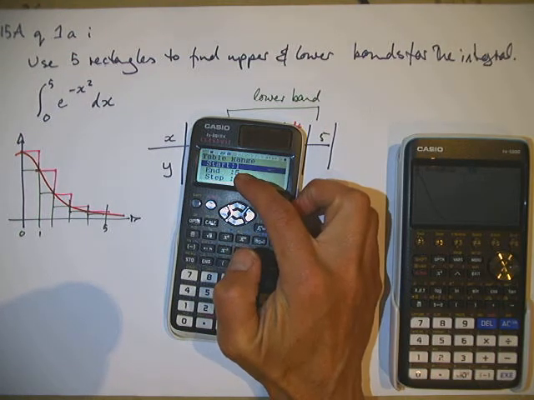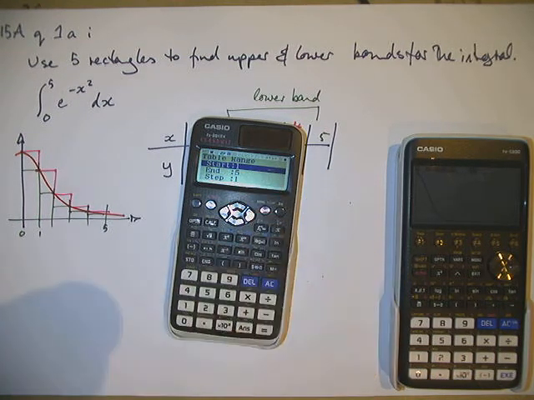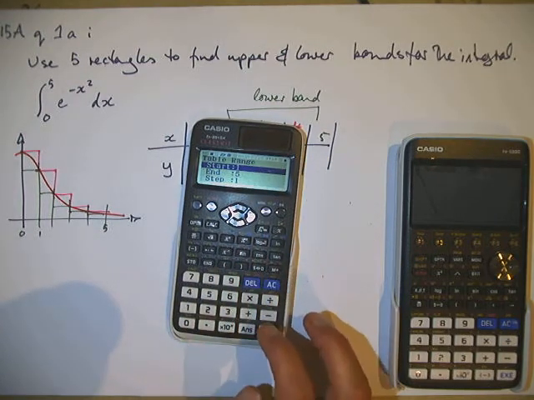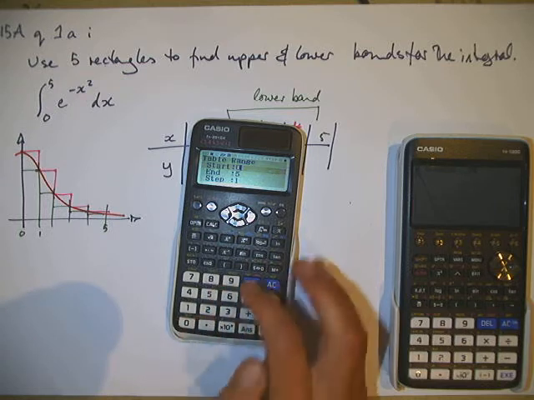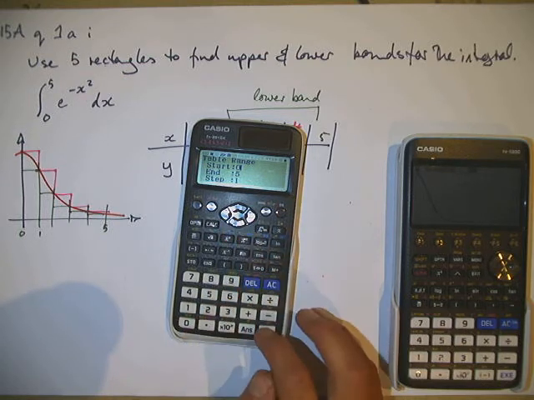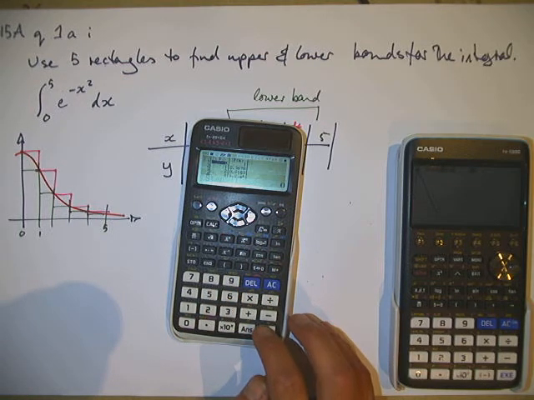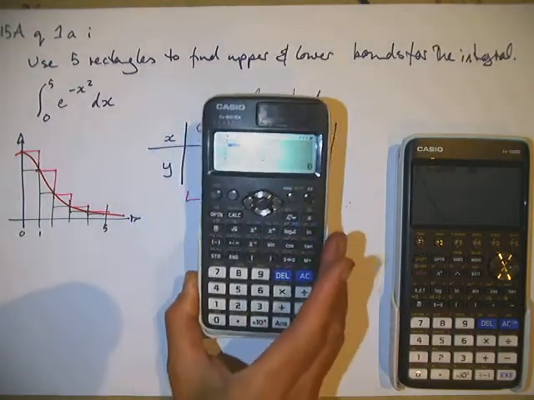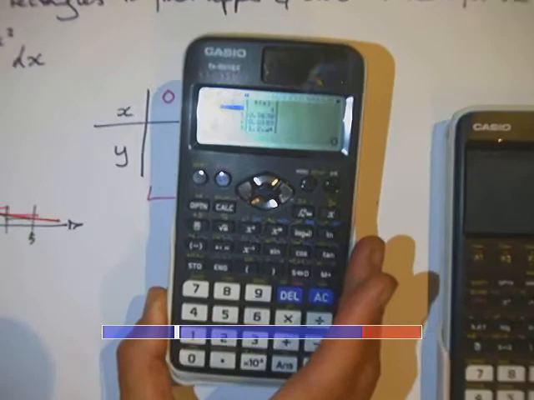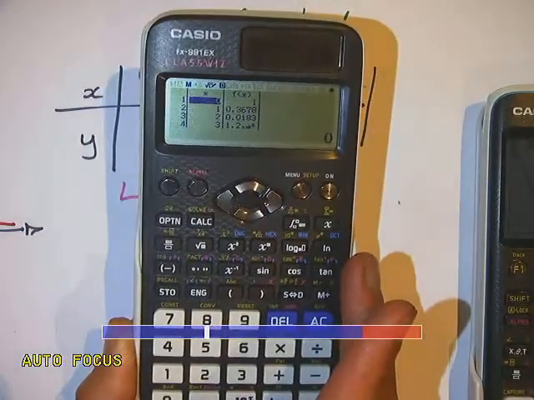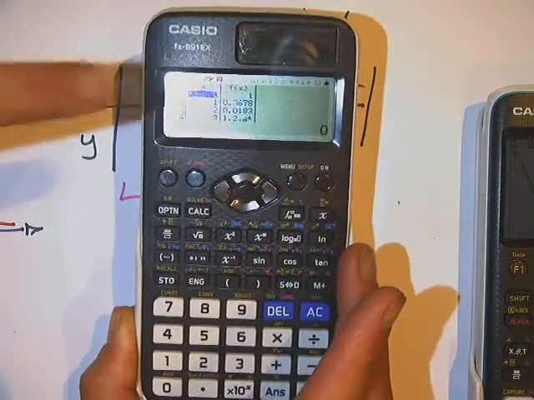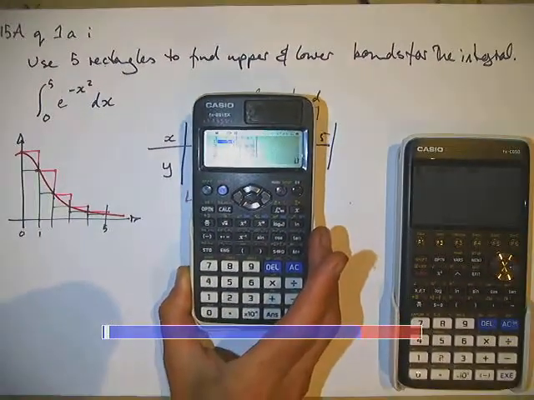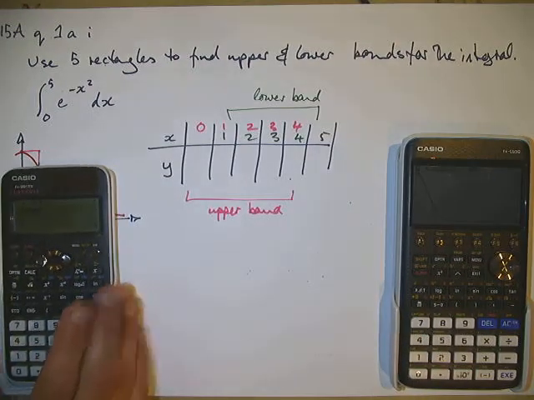Start at 0 and go up to 5 in steps of 1. I don't know if you can see those values there. Those are the values here, which I'm going to put into the table.